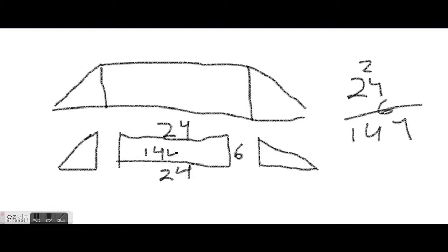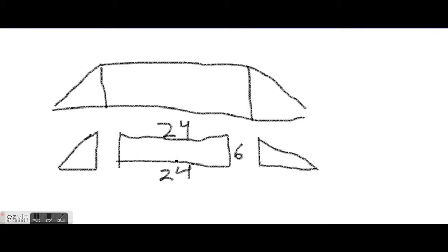Now we got to find out these triangles. Well, together this is 32. All this together is 32. So 32 minus 24 is 8.